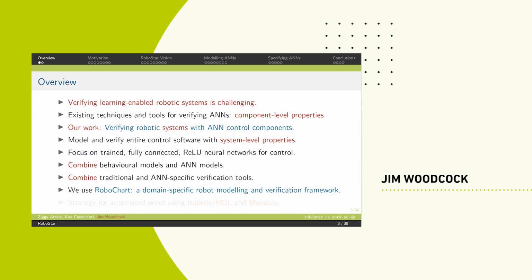We use RoboChart, a domain-specific robot modeling and verification framework. And we have a strategy for automated proof using Isabelle/HOL and Marabou, which is the one ANN verification tool that I am going to talk about.